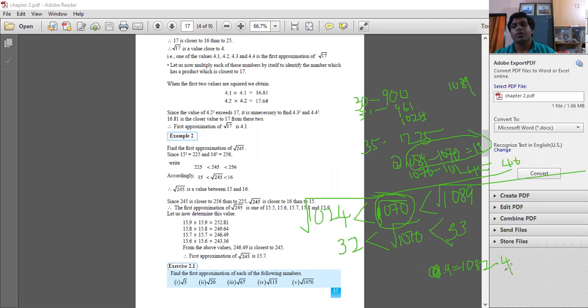Then 32.8 gives 1075.8. Now that is very close. Then 32.7 gives 1069. That's perfect.